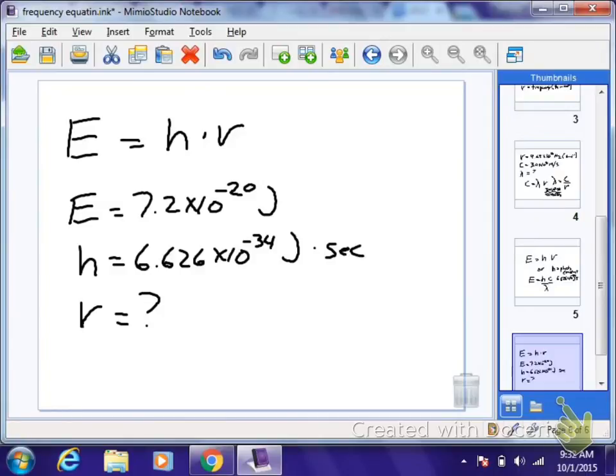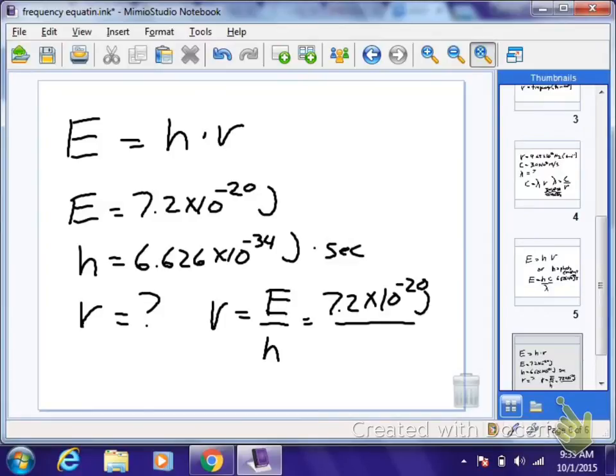All right, so on this one, if you want to see the setup, most of you got it right. We have to solve for V, frequency. So V, frequency, is equal to E over H. Our energy is 7.2 times 10 to the minus 20th, and that would be joules, divided by H, which is 6.626 times 10 to the minus 34, and that's joules times seconds.